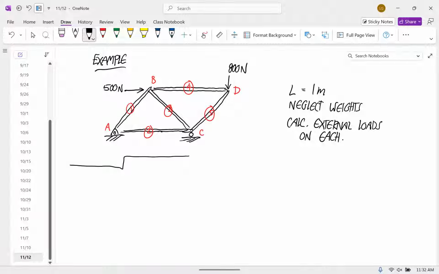We only have 5 bodies. Each one of those is just going to have a single tension value. So we only have 5 variables.